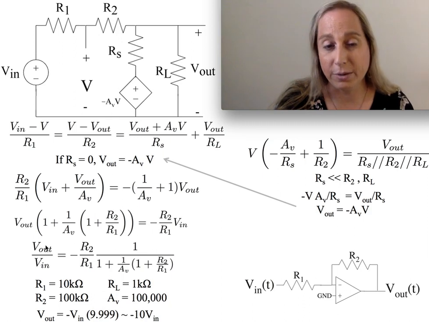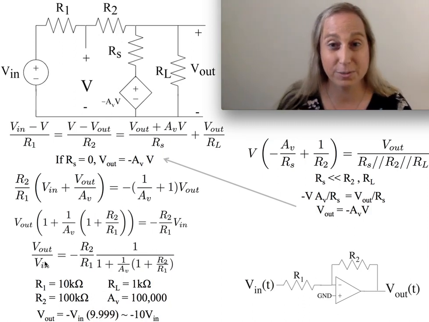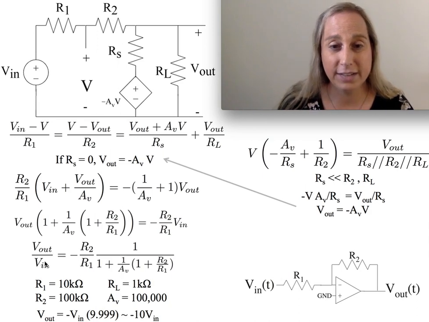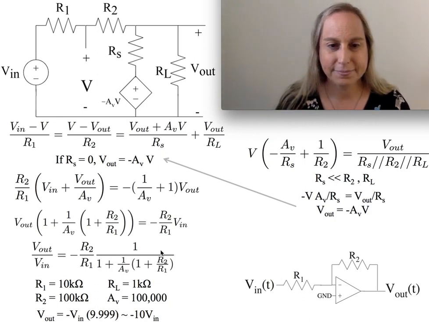And so I can then write V out over V in, and we always get used to this with linear circuits. We're going to see these ratios again and again: R2 over R1 times a whole bunch of other elements in here.